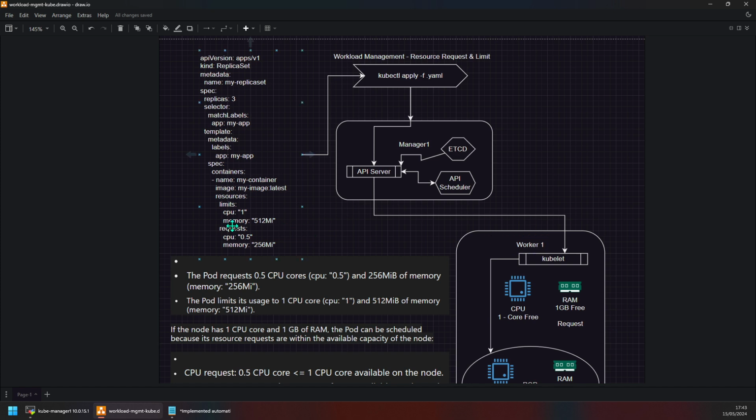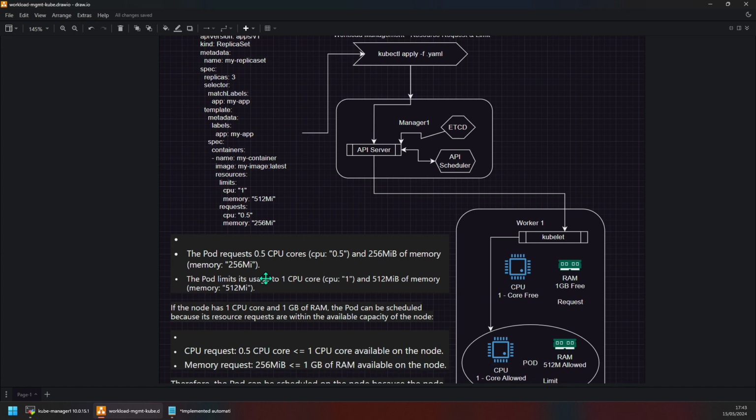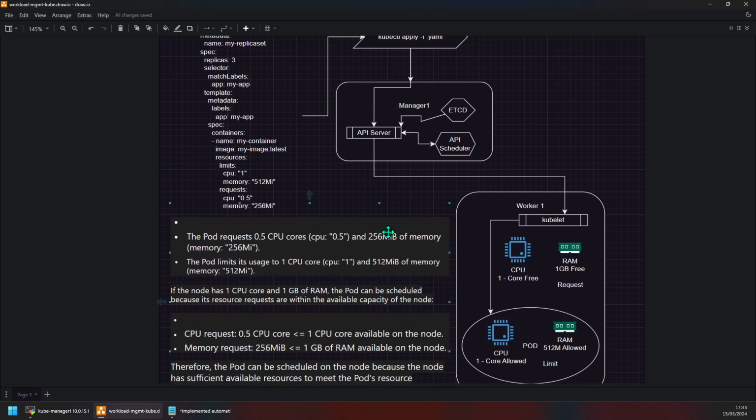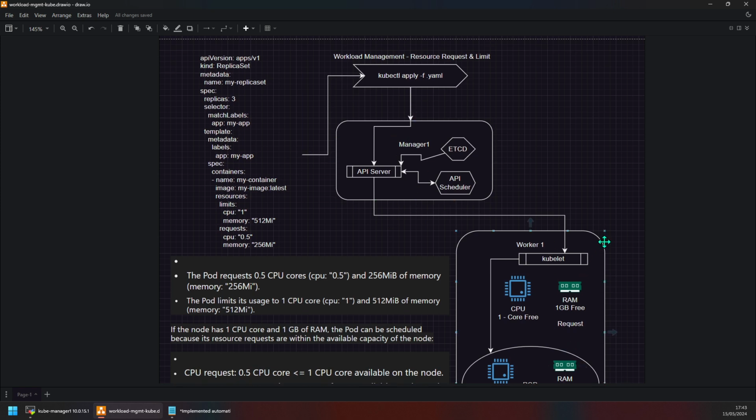Now, before talking about the left side of this diagram, which is the actual YAML file, let's talk about the right side. On the right side, you have resource allocation for Kubernetes, which is the primary responsibility of your Kubernetes scheduler.